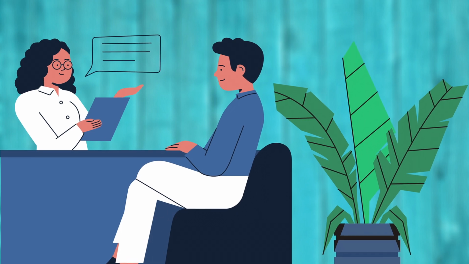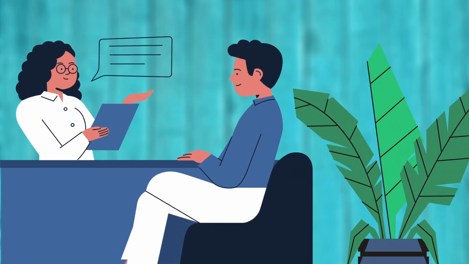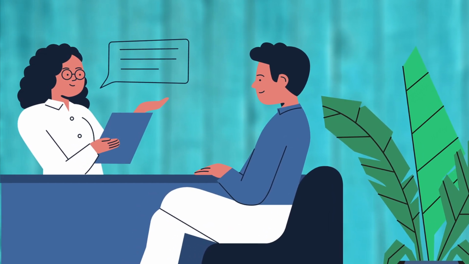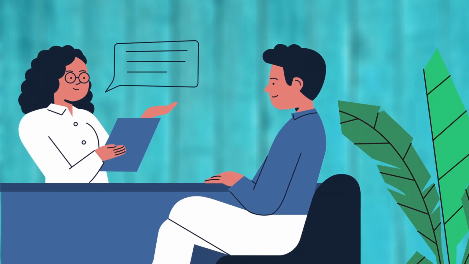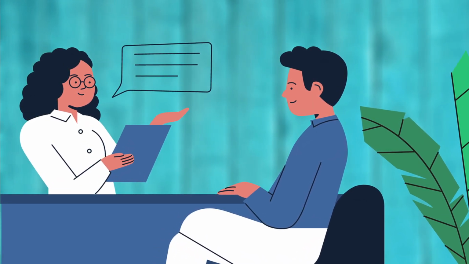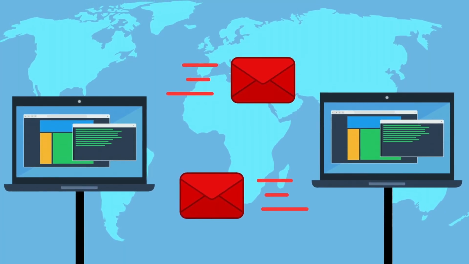Most human conversations require at least two participants. In most cases, one person initiates the conversation and the other responds, assuming they are both present and available. Internet is a digital conversation medium.